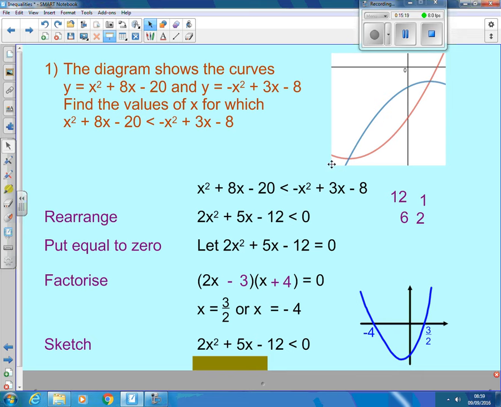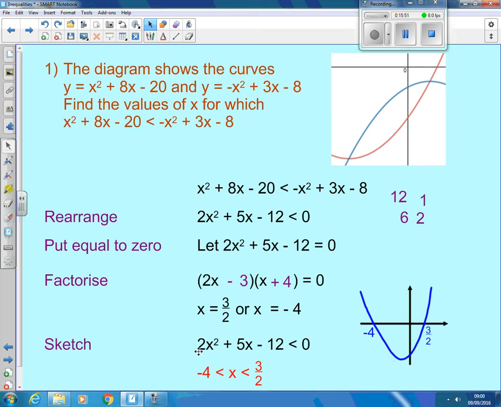Now I can actually use this sketch here, or what I've done here is I've sketched this one here, because in order to solve this, all I have to do is to solve this bit. So I want where that is less than 0. Less than 0 is this bit here, so that means I want between the minus 4 and the 3 over 2, so minus 4 less than x less than 3 over 2.